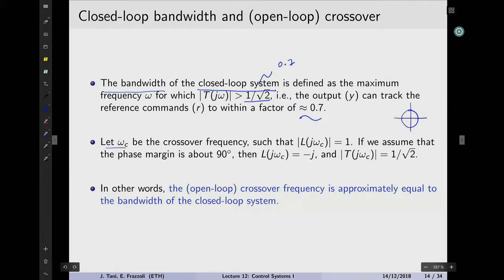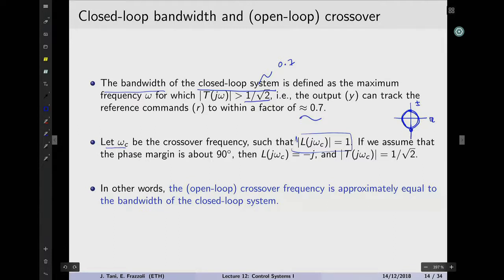So do you remember we introduced the crossover frequency, right? The crossover frequency was the value of the frequency at which the open loop branch has unit magnitude, at which the Bode plot crosses the 0 dB line. If we imagine an open loop transfer function of magnitude 1, it means we are on the unit circle, in the plane with the real part and the imaginary part, and we assume the phase margin is 90 degrees.